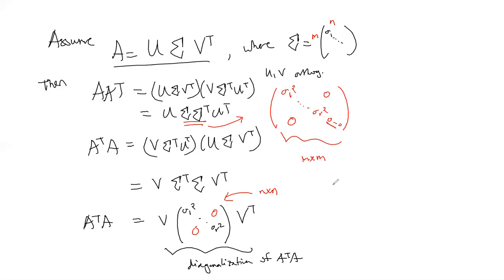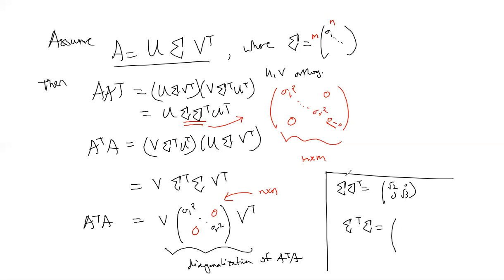That's what we found in the last example. We found that sigma transpose sigma was square root of 2, square root of 3 in one of them, but I think it was actually the other way around: square root of 2, square root of 3, and then a 0.